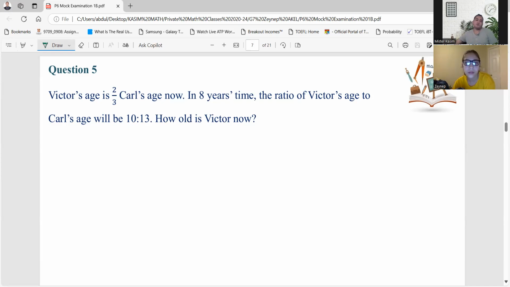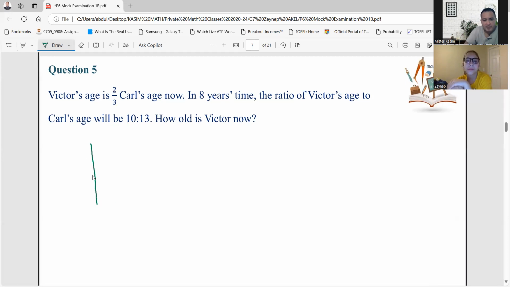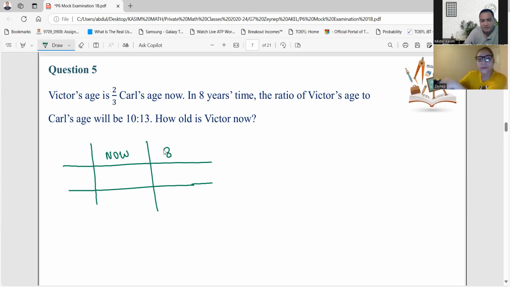Okay, and also you should understand what we mean by 2/3. If we make a table, usually for age, I suggest you make this kind of table. We are talking about two different times, right? This one is now, and the second one is 8 years time, after 8 years.